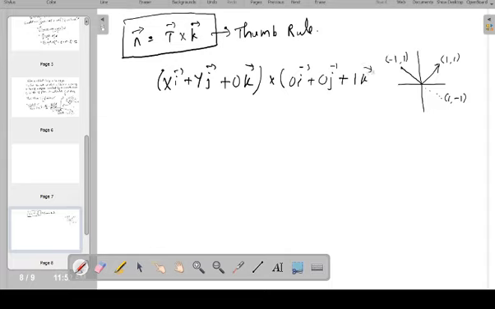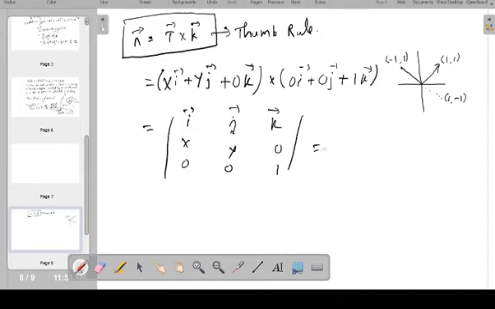Okay, so what will I get? This is equal to the determinant of vector i, vector j, vector k; x, y, 0; 0, 0, 1. So what is this?